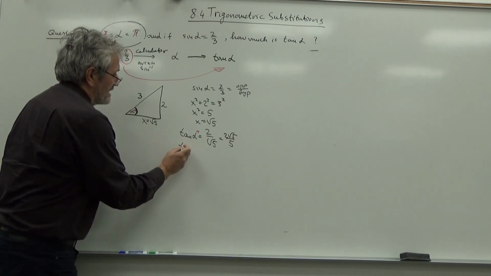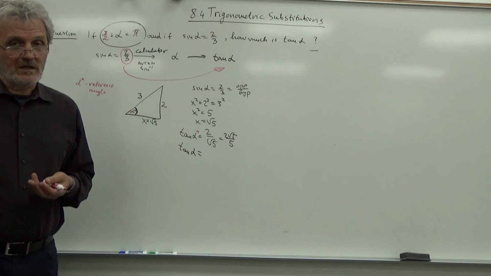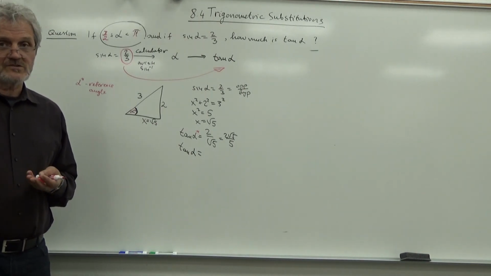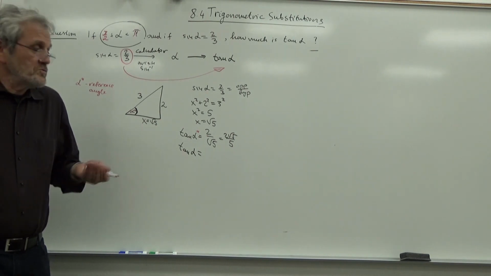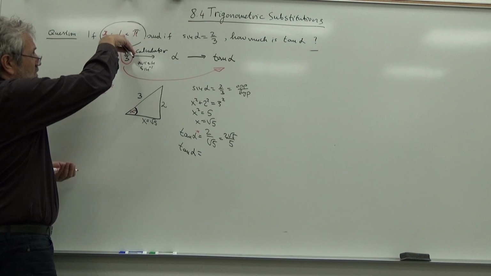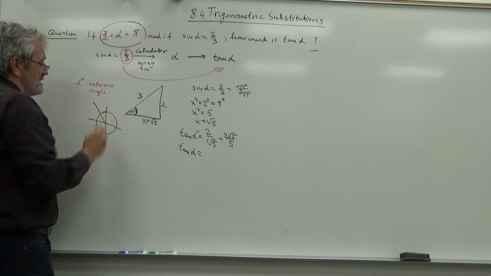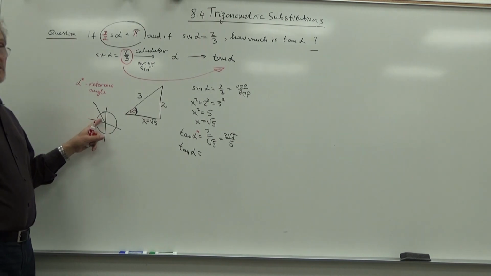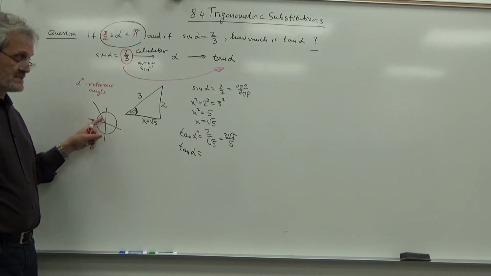But then tan of alpha itself is always either equal to the same function of the reference angle, or you need to switch the sign. And that's not a big deal, because if I know that alpha is in the second quadrant, then I know that tan is negative, or that sine is positive and cosine is negative.